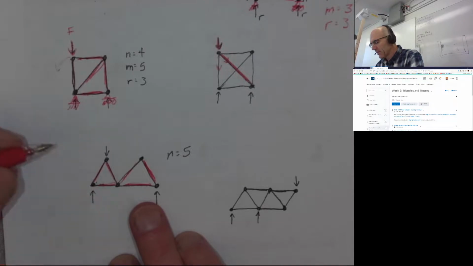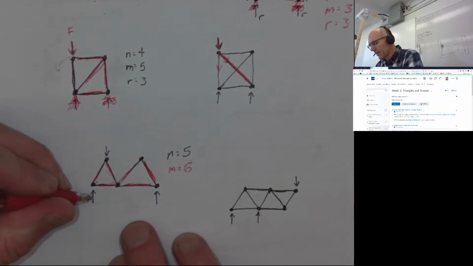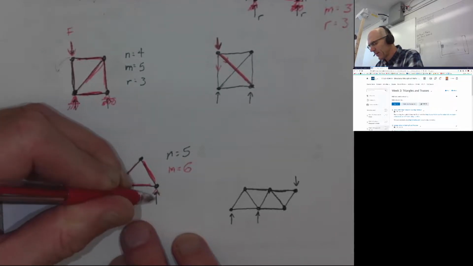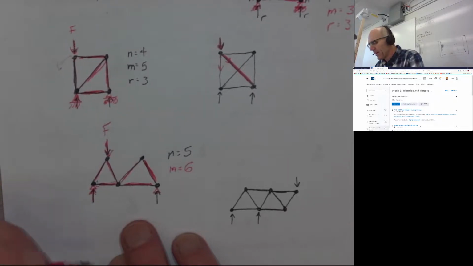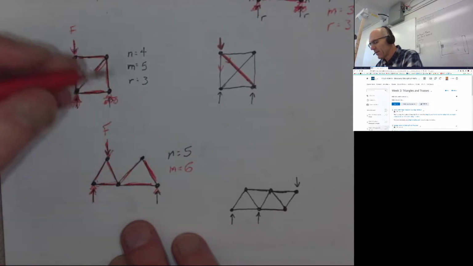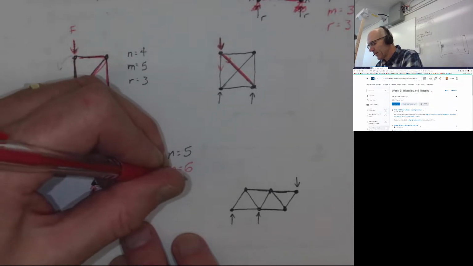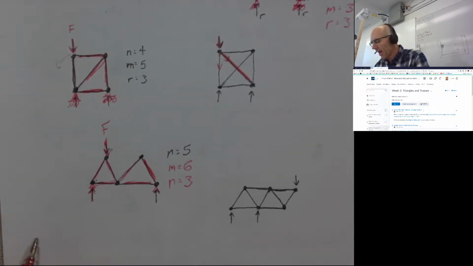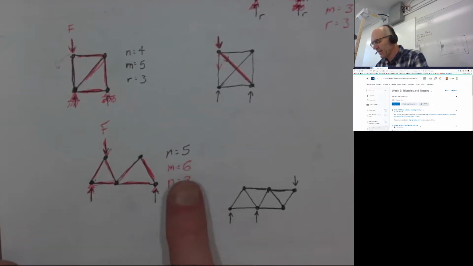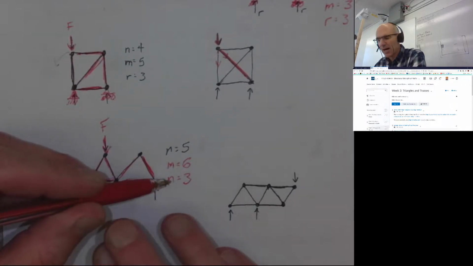So there's 6 members. Members equals 6, and then our reaction forces, we've got a little triangle right in here, little triangle right in there, and an applied load right up there. So that's 1, 2, and 3. Okay, so our external forces acting on it, our reaction forces on the structure, are going to be equal to 3. And so 2 times n equals 10, but our members plus our reactions only equals 9.